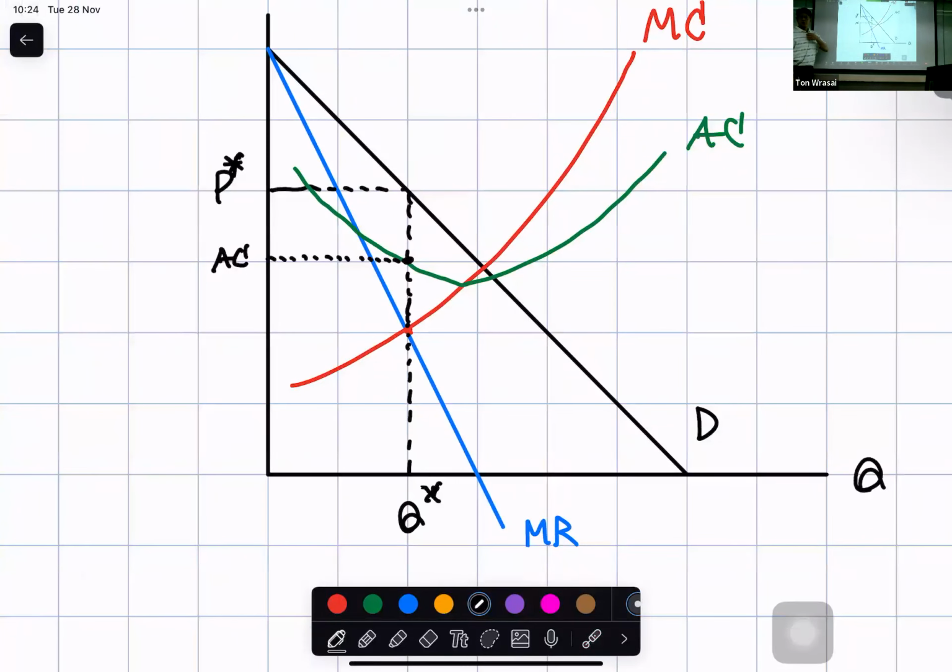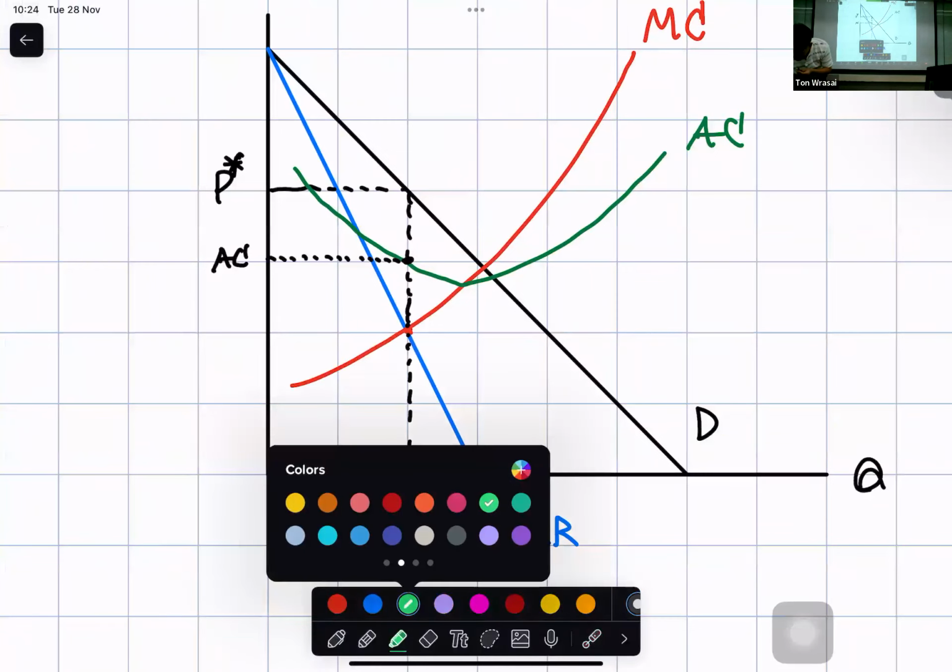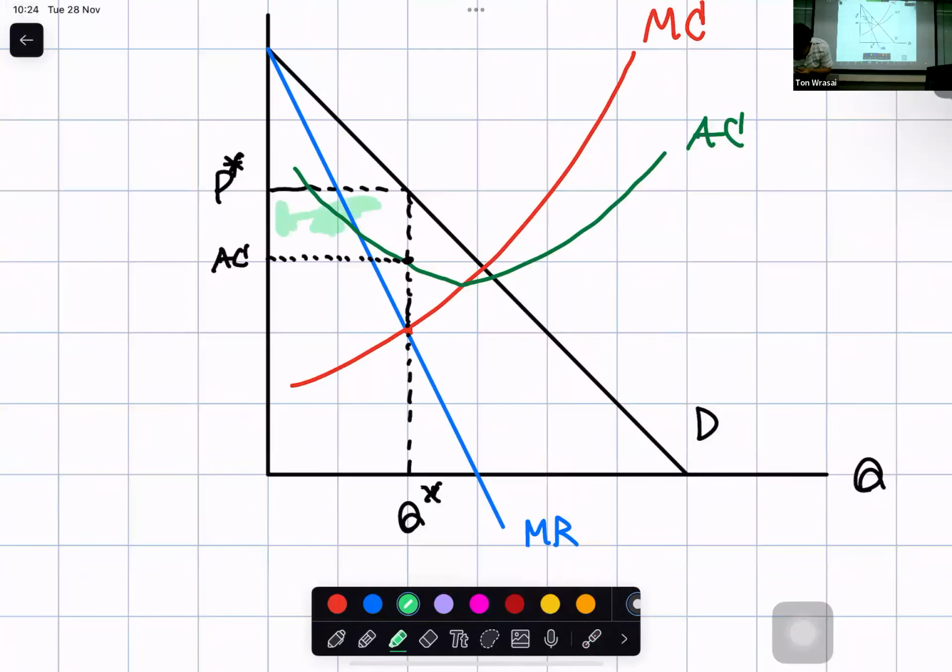Now we have successfully shown the case where this guy obtained excess profit, กำไรเกินปกติ, when economic profit is positive here.